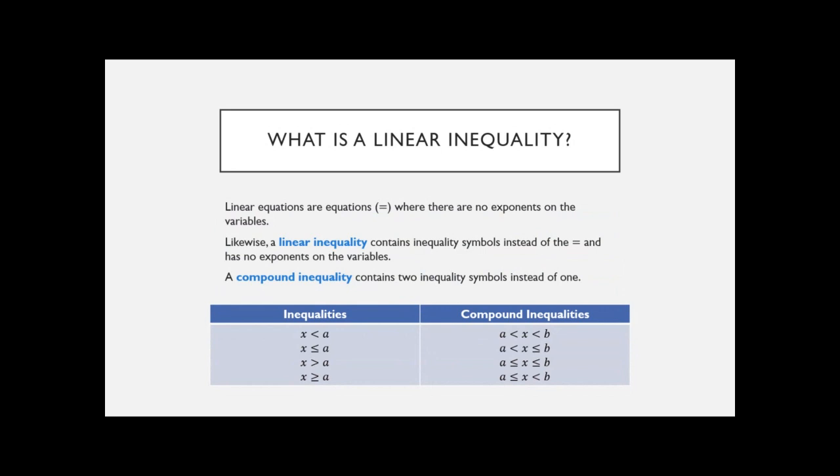And we've got two categories basically, where you have one inequality symbol, and then on the right you have two inequality symbols with each one. These are called compound inequalities, and these are basically indicating that your number is in between two numbers, rather than smaller than or to the left or to the right of the number. So on the left it's usually your number is less than or your number is greater than.